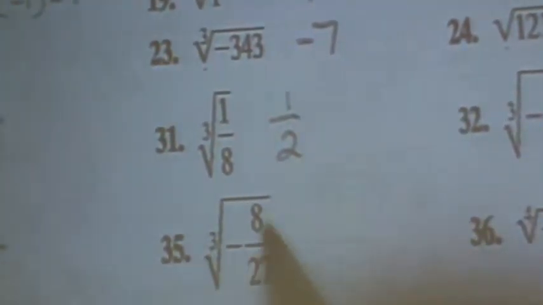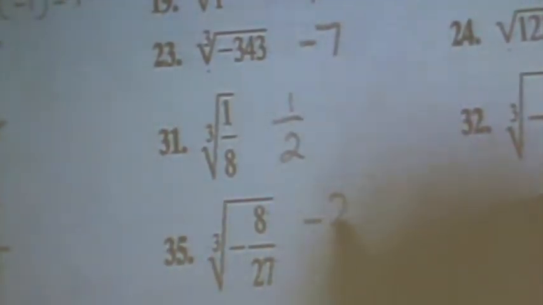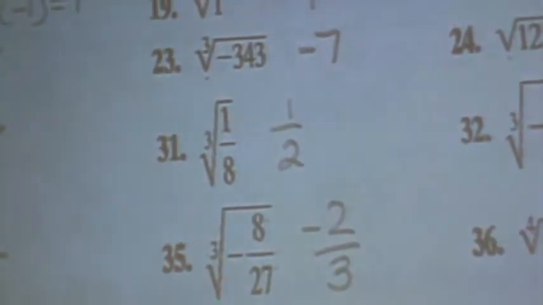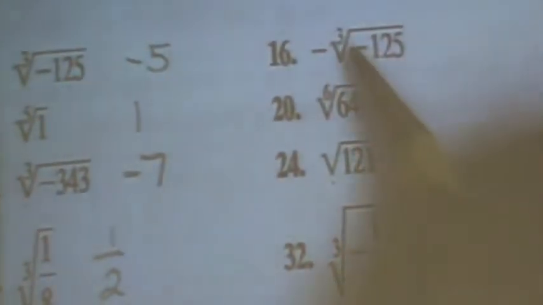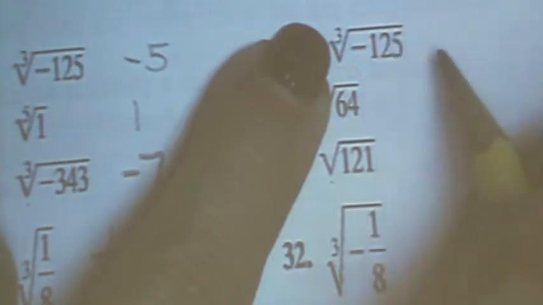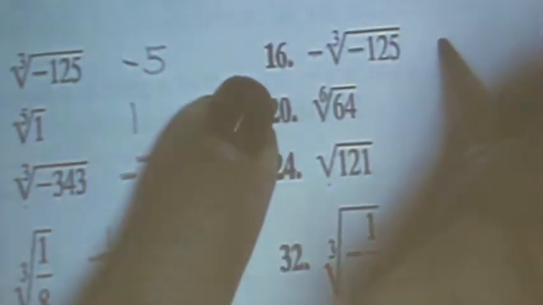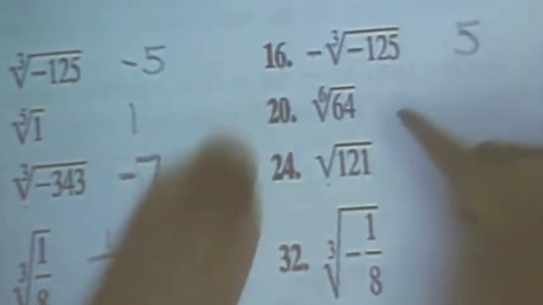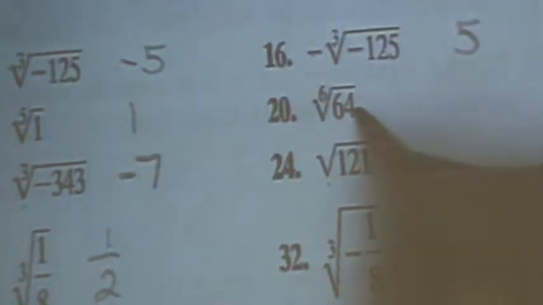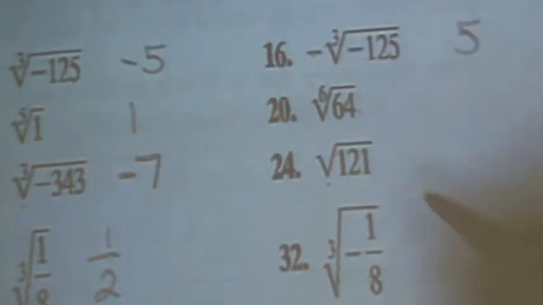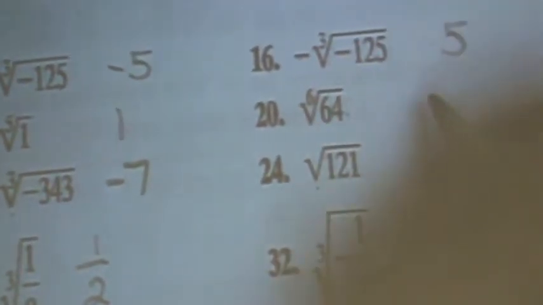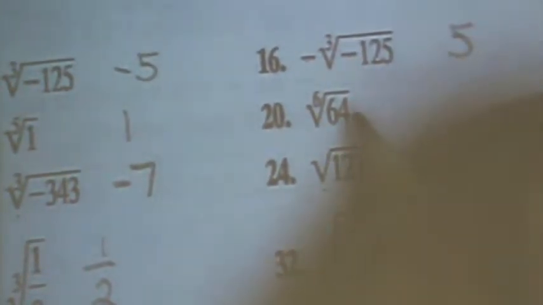The cube root of -8/27 is -2/3. The cube root of -125 is -5, and then multiply that by -5. So it's +5. The 2 negatives cancel out. 64. What 6 numbers that are the same multiply to give you 64?